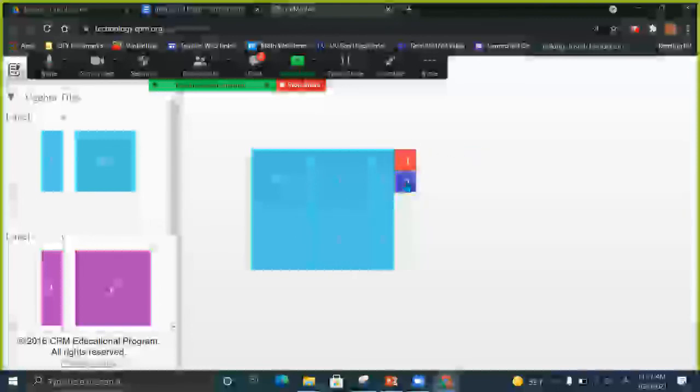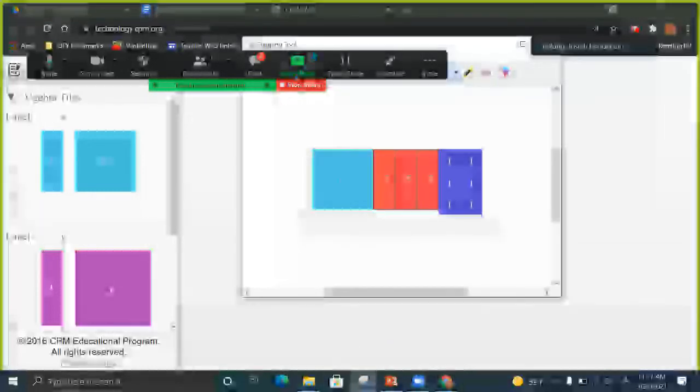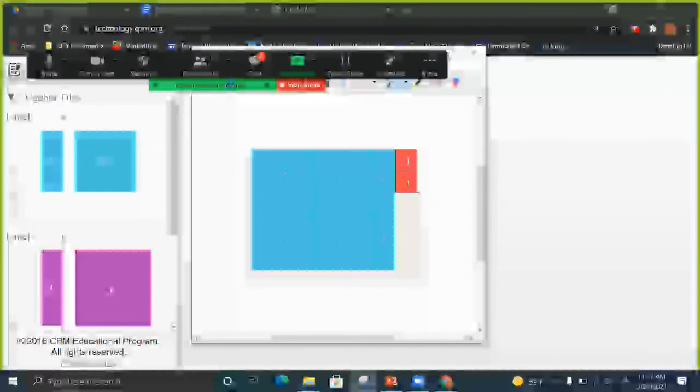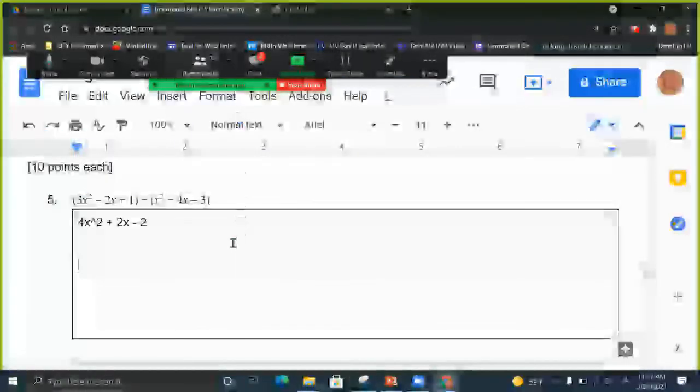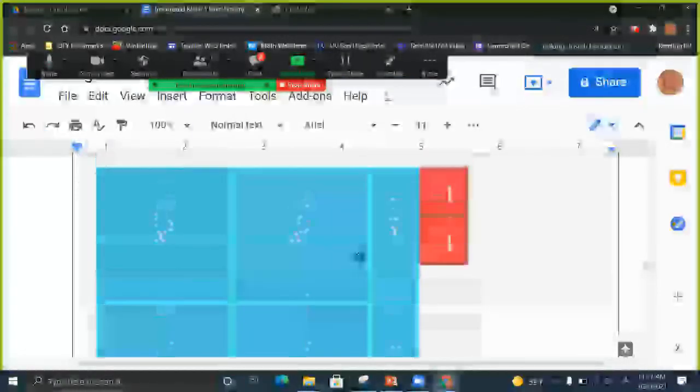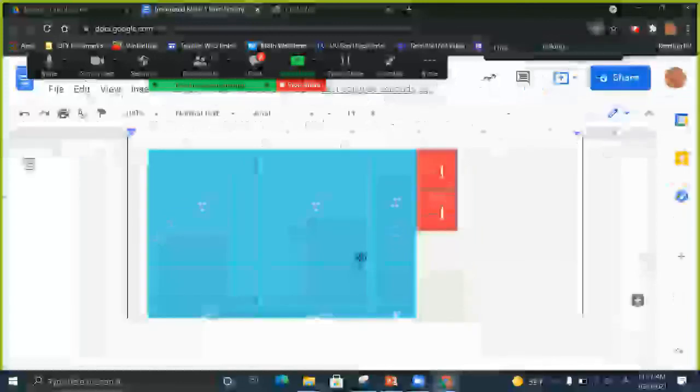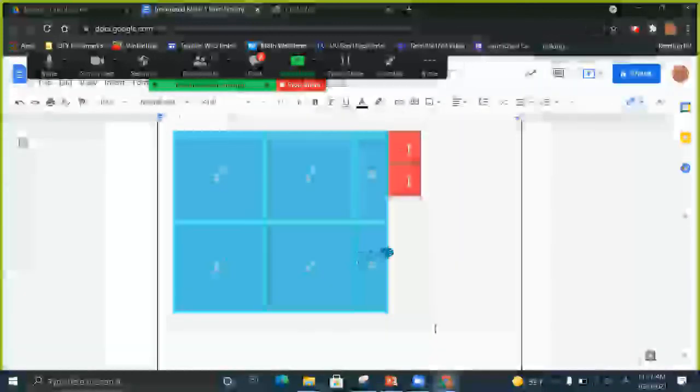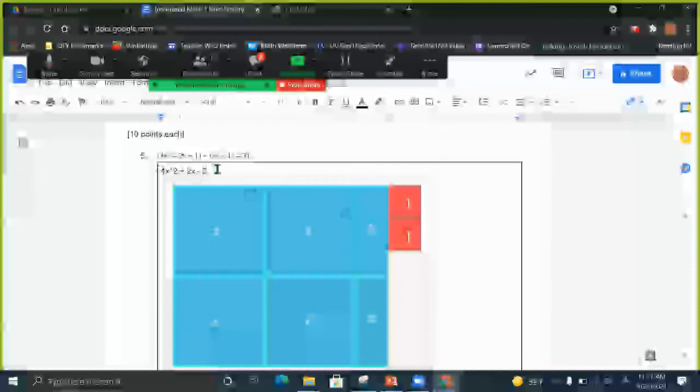So I guess that's my answer in algebra tiles. I'm going to plug that into my worksheet to see them both. Zooming out. There we go. So you can type in your work for 5 onward, or you can do algebra tiles, whatever you prefer.